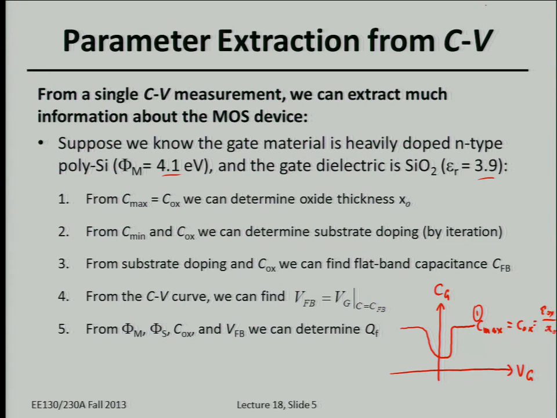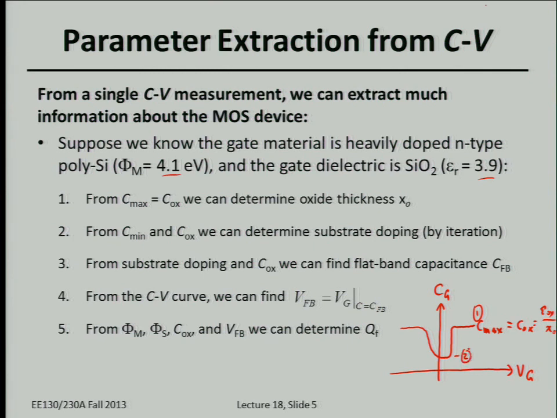This assumes you know the area of your transistor, which you design as a circuit designer or a process engineer; you actually draw the size of the transistor. So you know the area of the gate. Once you measure the maximum capacitance, you can deduce the thickness of the oxide. That's the first step.